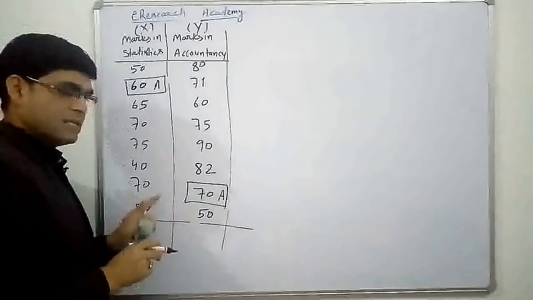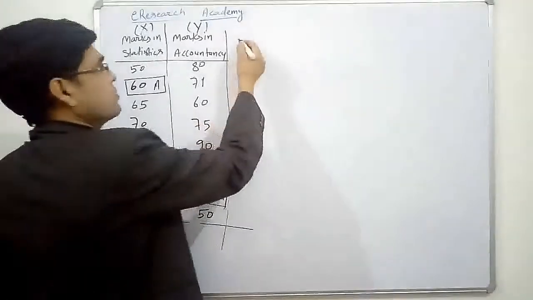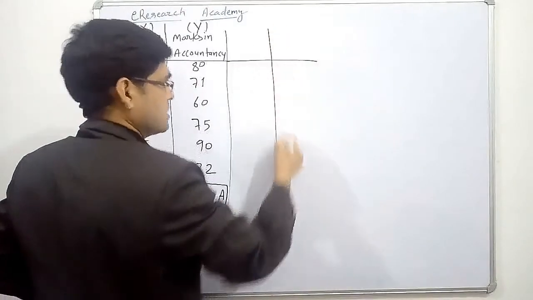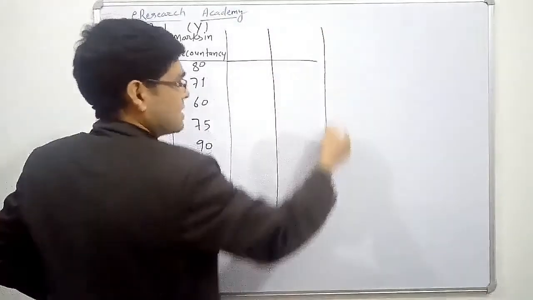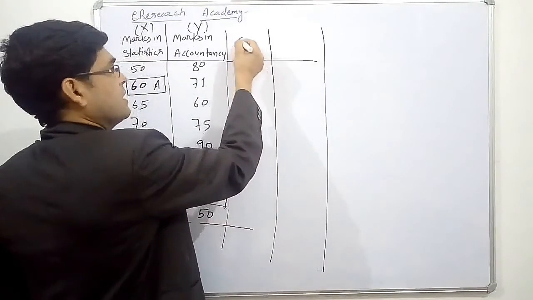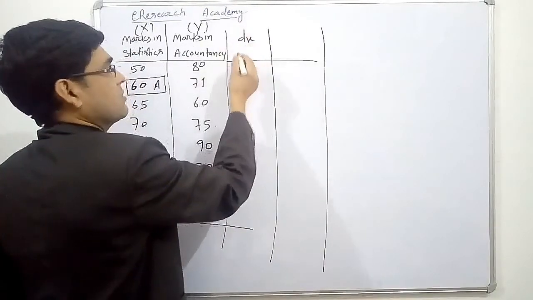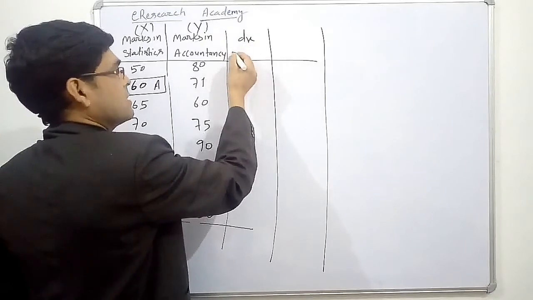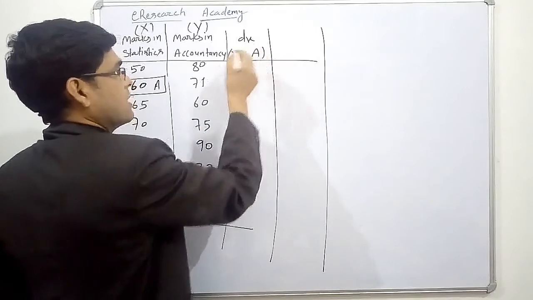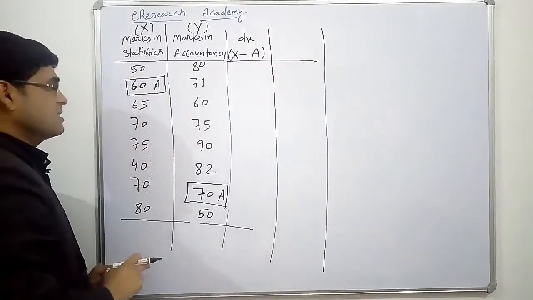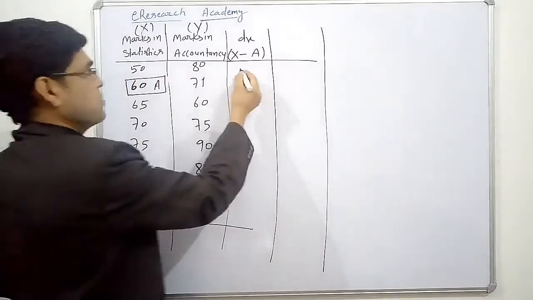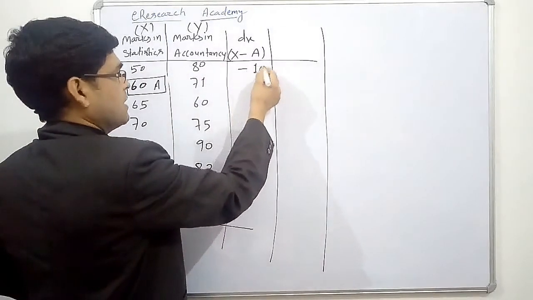Once the mean is assumed, we need to take the deviation from this assumed mean in both series, X series as well as Y series. So first we have dx. dx is nothing but x minus A. These are our x values and this is our A. So 50 minus 60 gives minus 10.